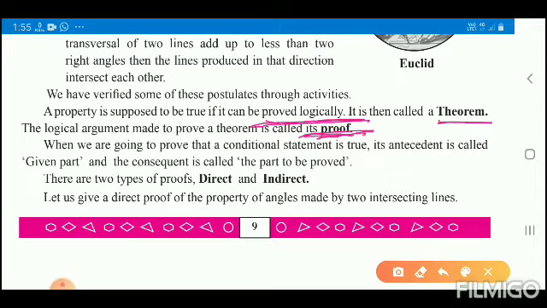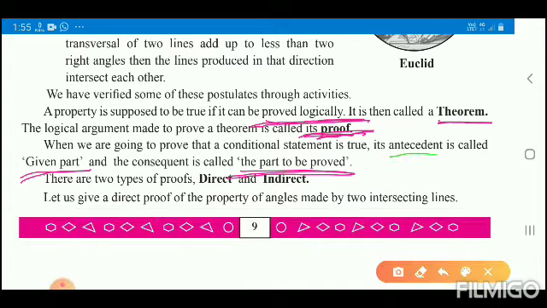When we are going to prove that a conditional statement is true, its antecedent is called the given part and the consequent is called the part to be proved. You know antecedent very well. What is meant by antecedent?